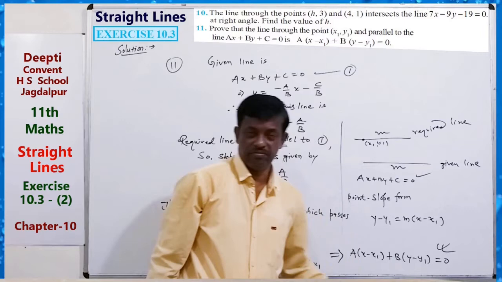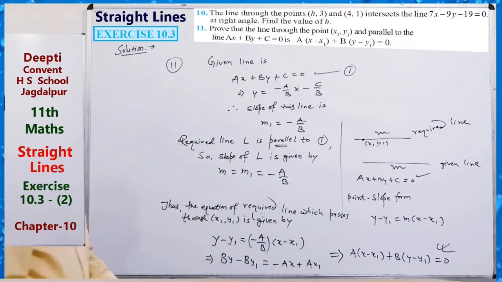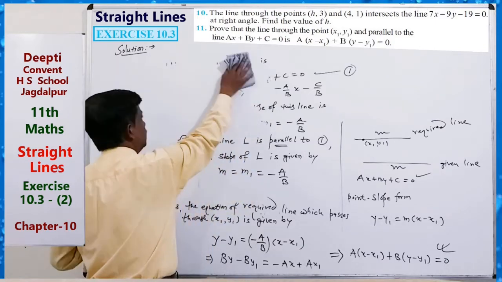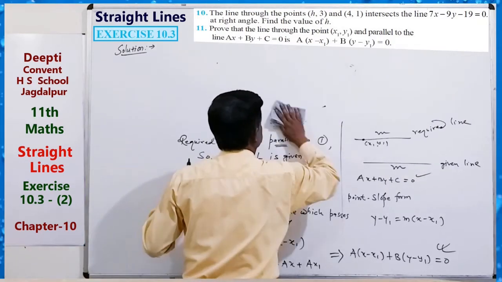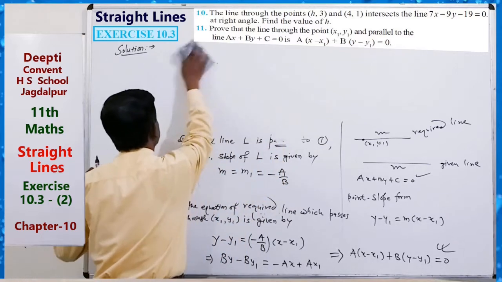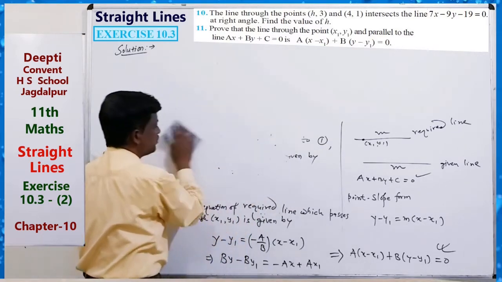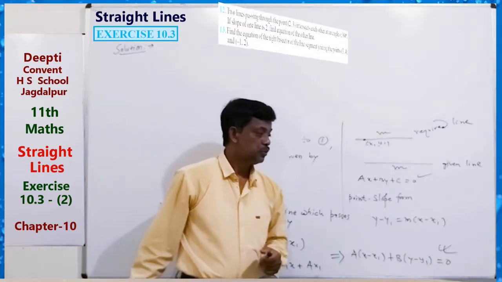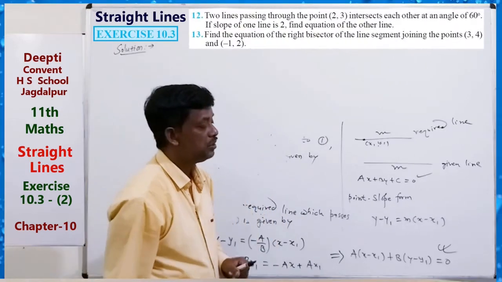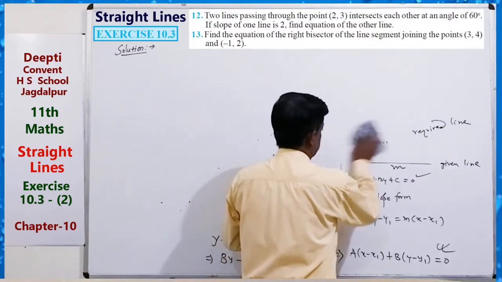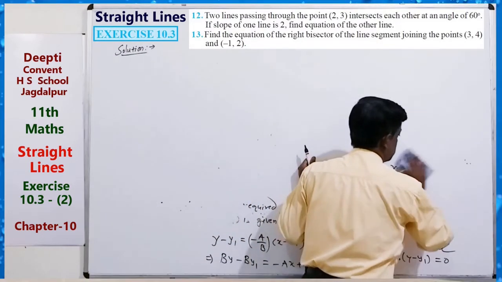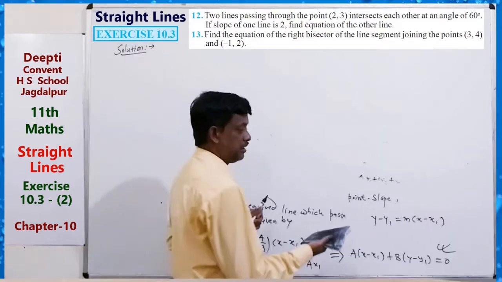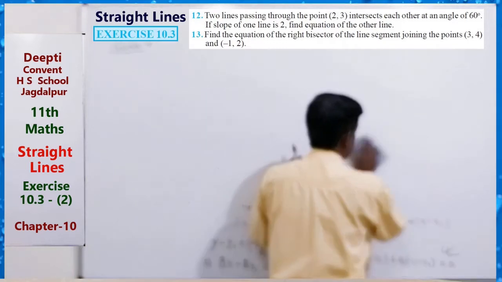Now question 12. Question 12 is lengthy in calculation, but is very simple. Here two lines passing through the point (2, 3) intersect each other at an angle of 60 degrees.